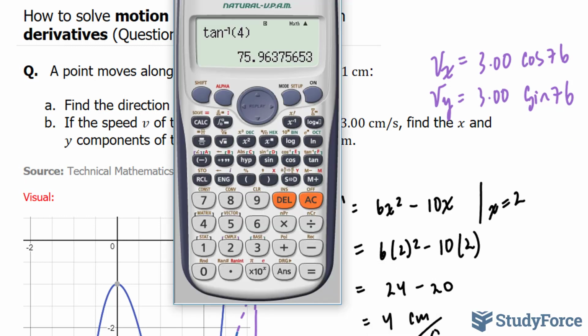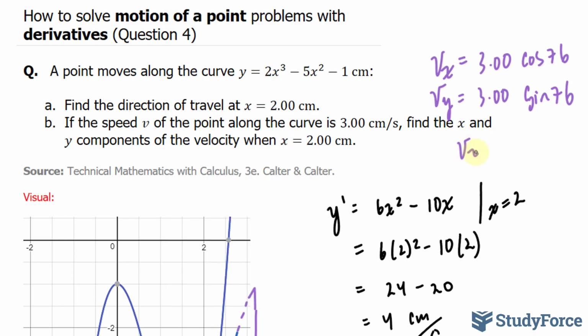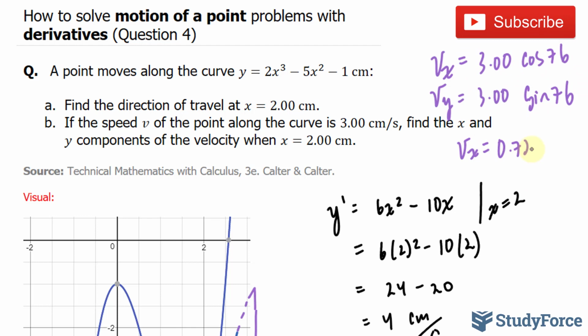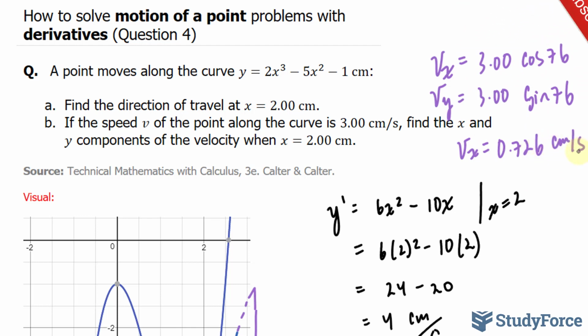Let's use our calculator. 3 times cosine of 76 gives us 0.726. So Vx is 0.726 centimeters per second. And Vy, if you do the calculation here, should give you 2.91 centimeters per second.